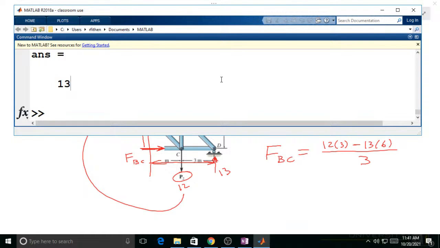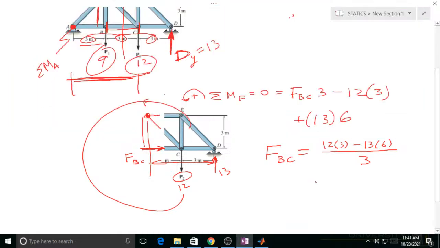Okay. Here, I'll do it this way. 12 times 3 minus 13 times 6 is minus 42, divided by 3, minus 14.